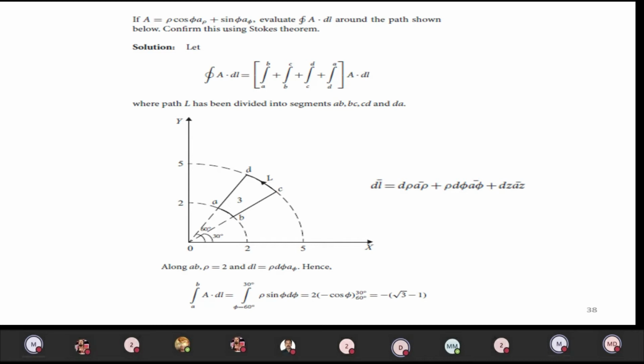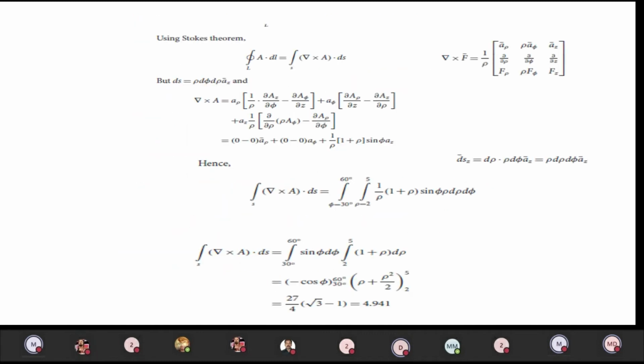Then what is the statement they have given? Confirm the answer using Stokes theorem. That means we have to take the surface integral of del cross A into dS. That answer should also be the same. So this we have to prove.